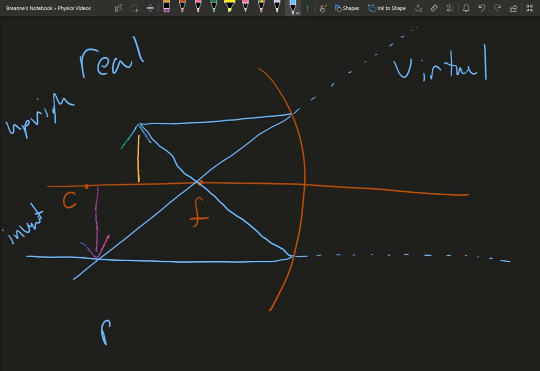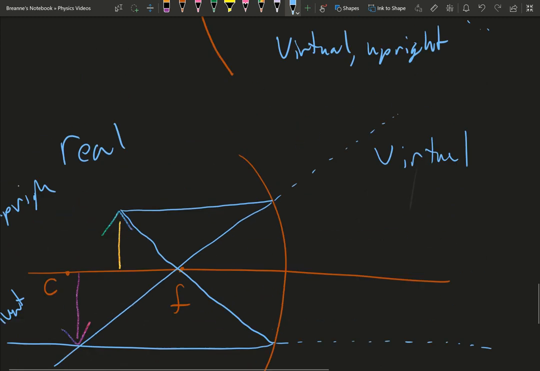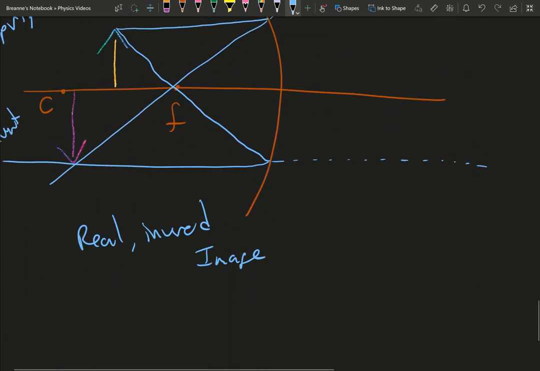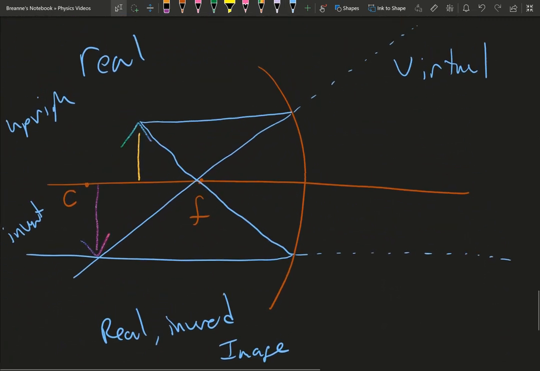So this would be a real inverted image. I just wanted to show you something because I didn't realize both my practice problems were going to give you a virtual upright. So you do get a real inverted image, and you can get different things.